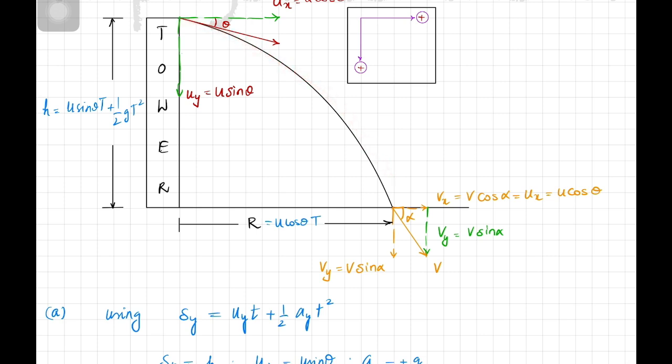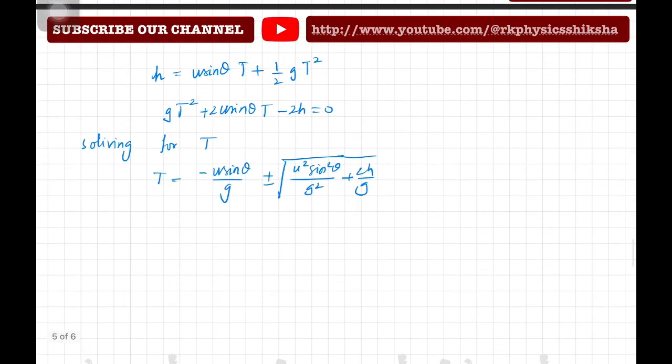That will be the time in which it will have the vertical displacement h and the horizontal displacement r. Now the range is also known to us. So range r equals ux into the total time, so r equals u cos theta into T, where theta is the angle of projection.